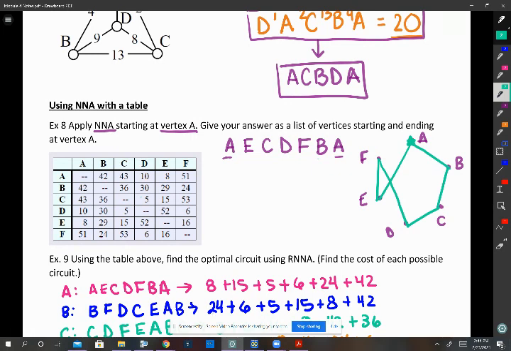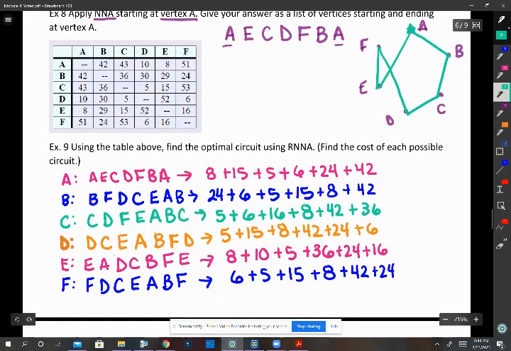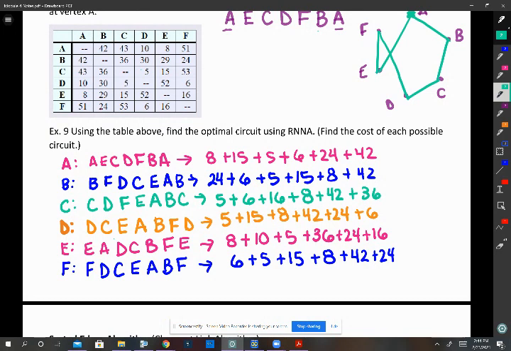Either one works. The same thing applies if I do repeated nearest neighbor. And this is what I was saying: if I do repeated nearest neighbor, I have to add those values together and find out the cost of each one. But I do the same process over and over again until I get my values.